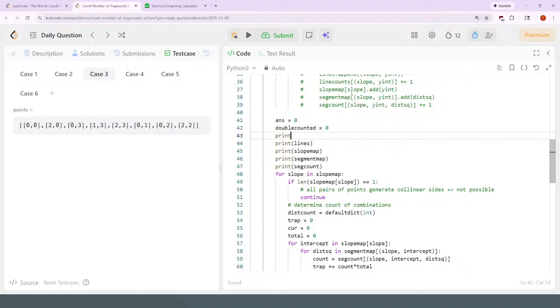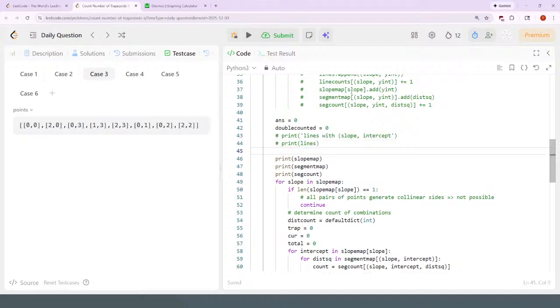Lines with slope, intercept. Actually, I think I probably don't need to see this. Slope map with, this should be slope to set of intercepts.